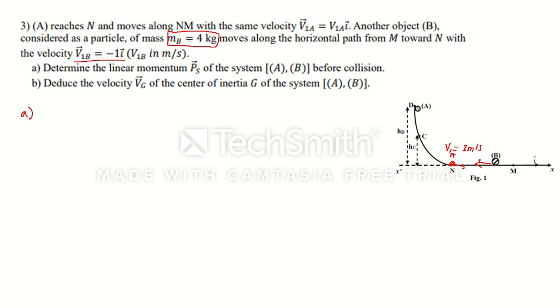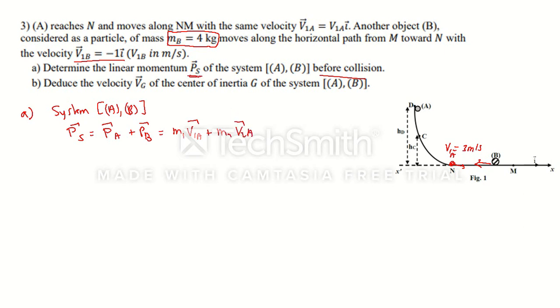Part A, determine the linear momentum P of the system A and B. So here, the system is A, B, and the question is to determine P of the system, and this is before the collision. So this means it's equal to PA plus PB. Then it will be m1 v1A vector plus m2 v1B vector.